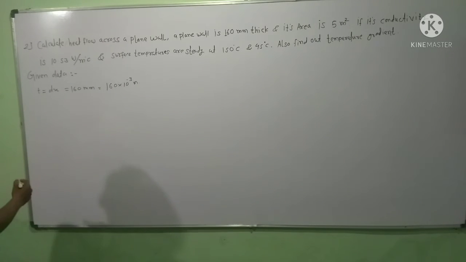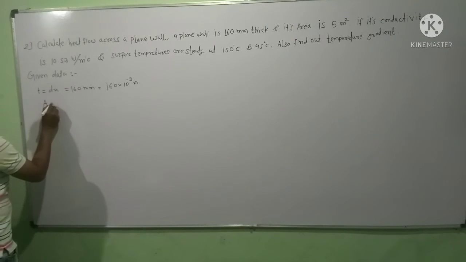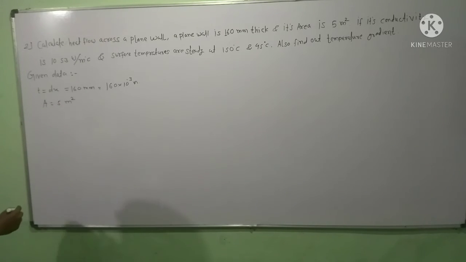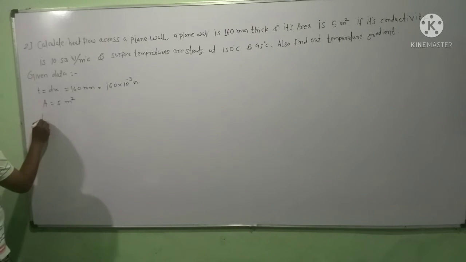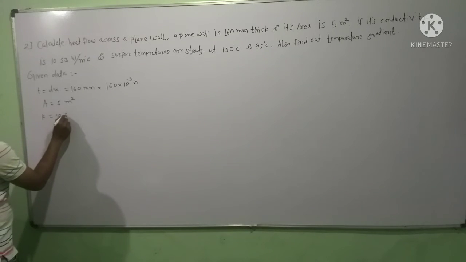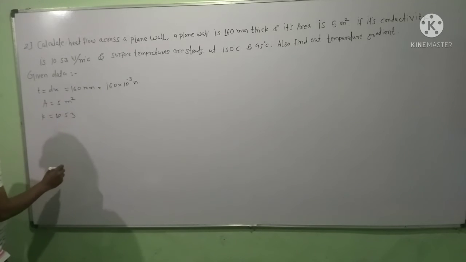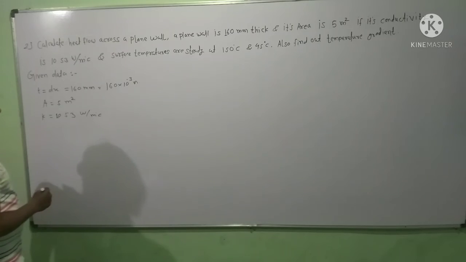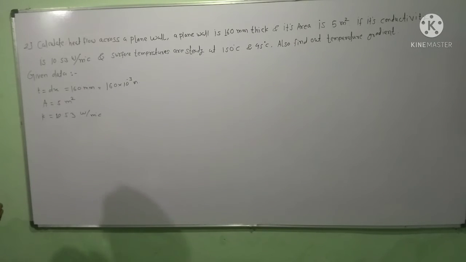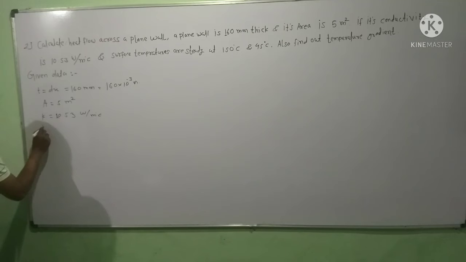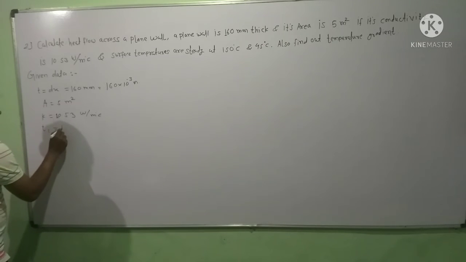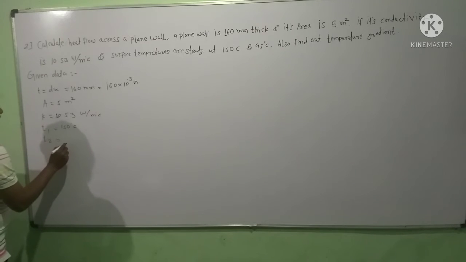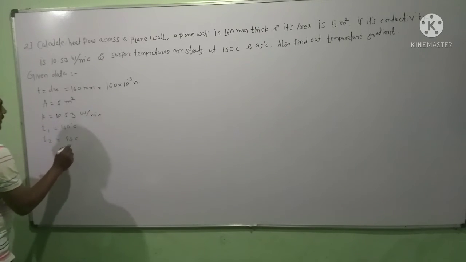Its area is 5 meter square. Its thermal conductivity K has given, that is 10.53 watt per meter degree Celsius, and surface temperatures steady state condition, temperature T1 is given 150 degree Celsius and temperature T2 is given, that is 45 degree Celsius.